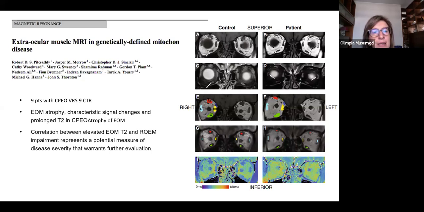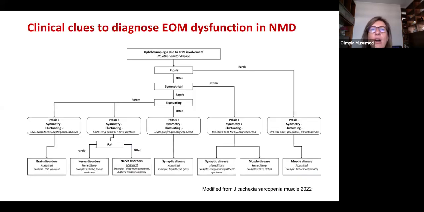This study also showed that the grade of atrophy was correlated with the limitation in range of eye movement, suggesting a potential biomarker of disease severity.